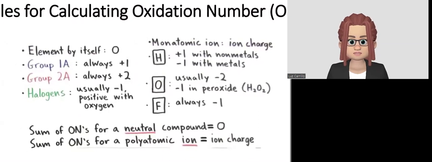As we observed in the previous example, any element like copper in solid form or diatomic molecules like O2 is considered an element by itself, so its oxidation number is 0.